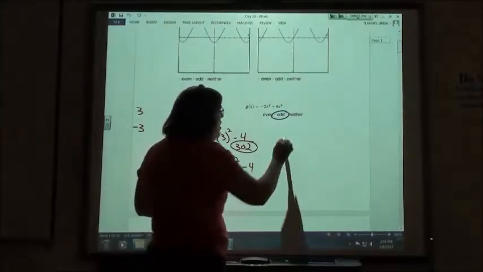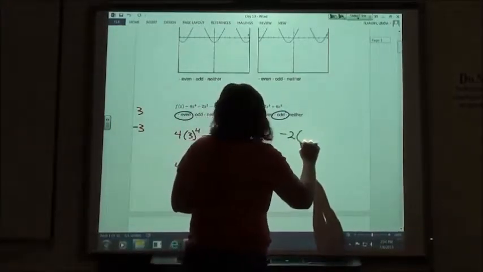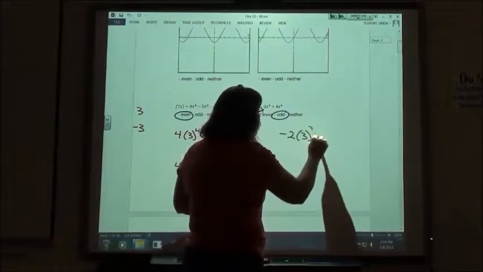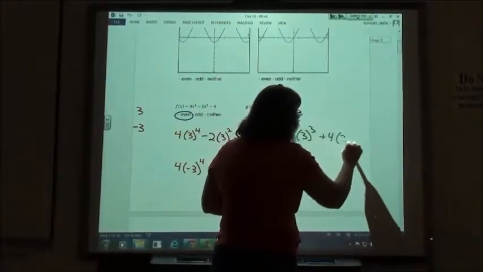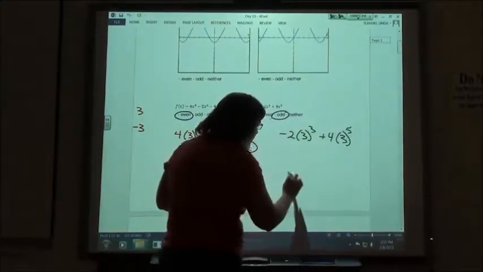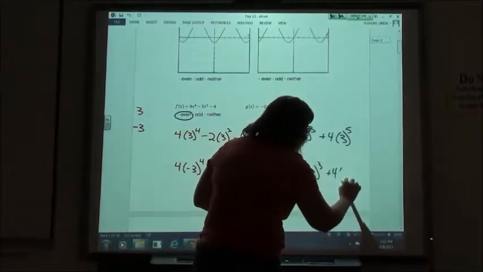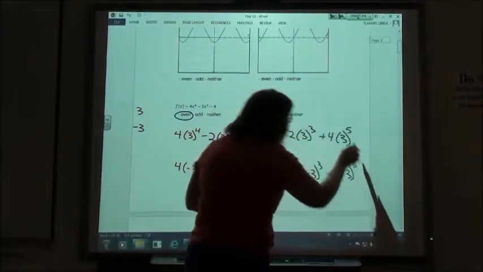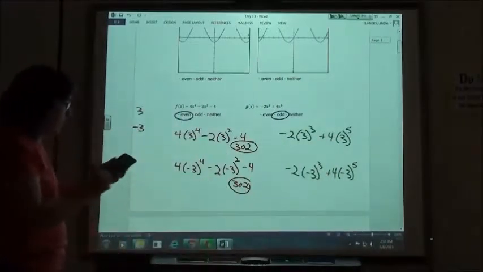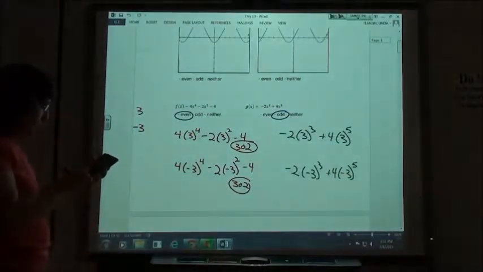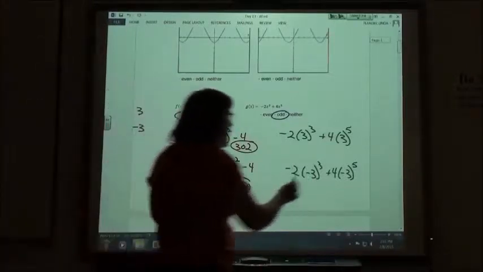So same thing over here. If I test this one, -2 times 3 to the 3rd plus 4 times 3 to the 5th, and -2 times -3 to the 3rd plus 4 times -3 to the 5th. If I punch those in, let's see what happens. So -2 parentheses 3, close my parentheses, cubed, plus 4 parentheses 3 parentheses to the 5th gives me 918.